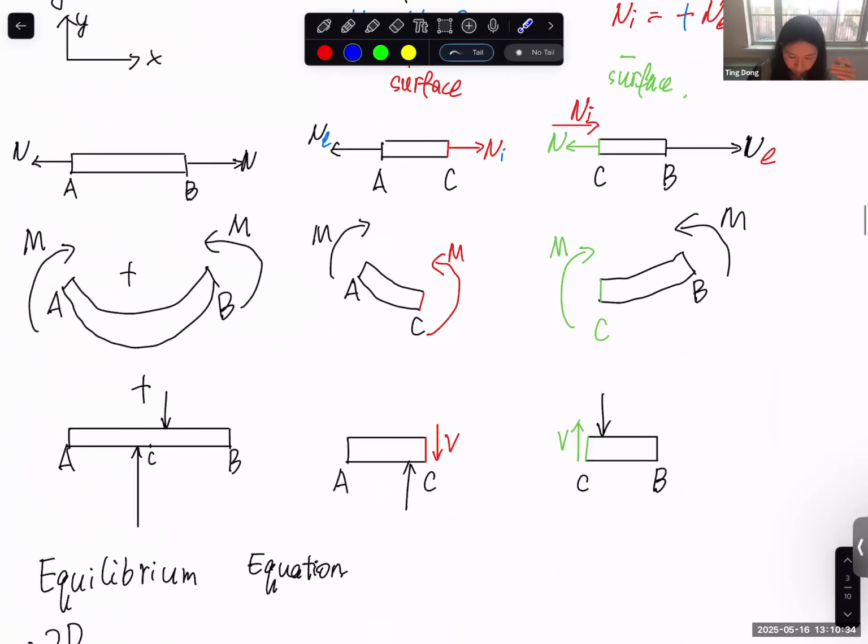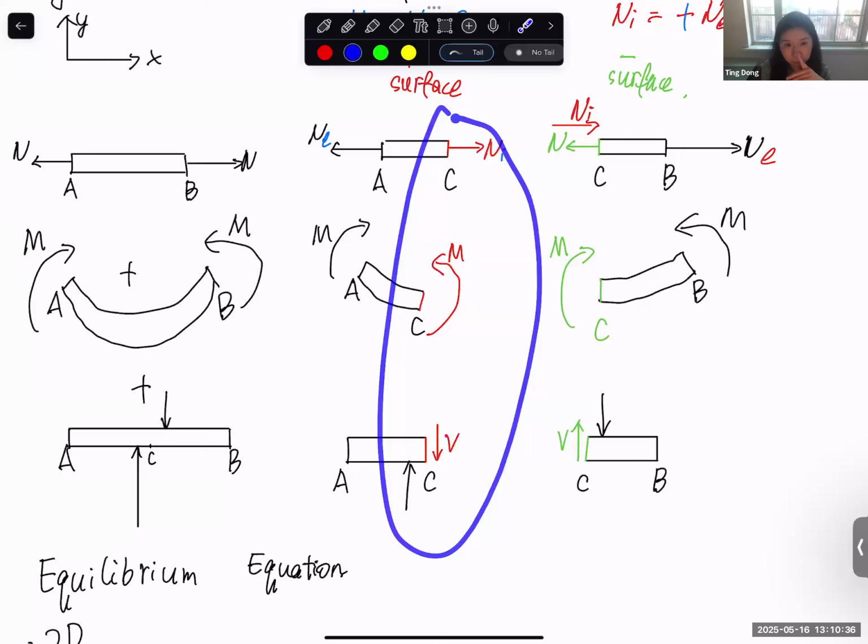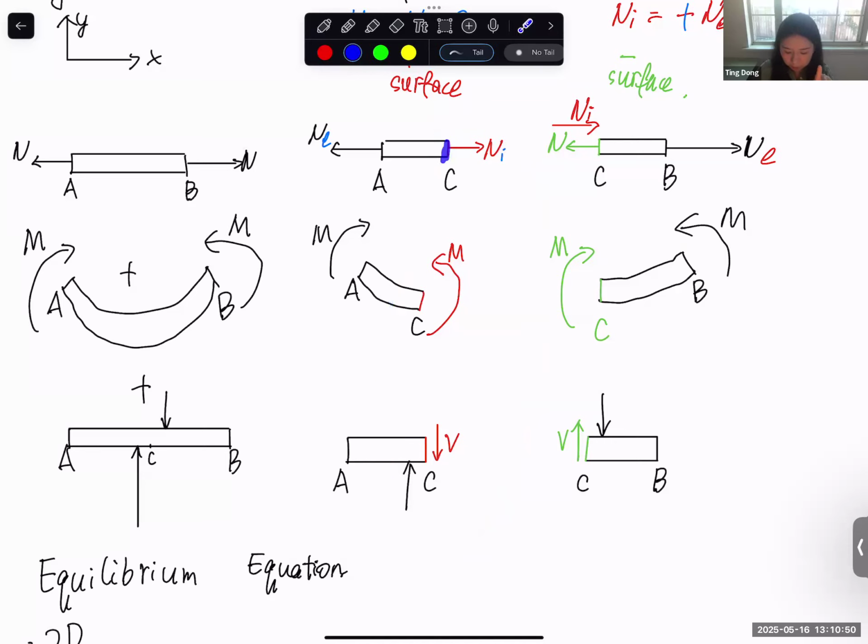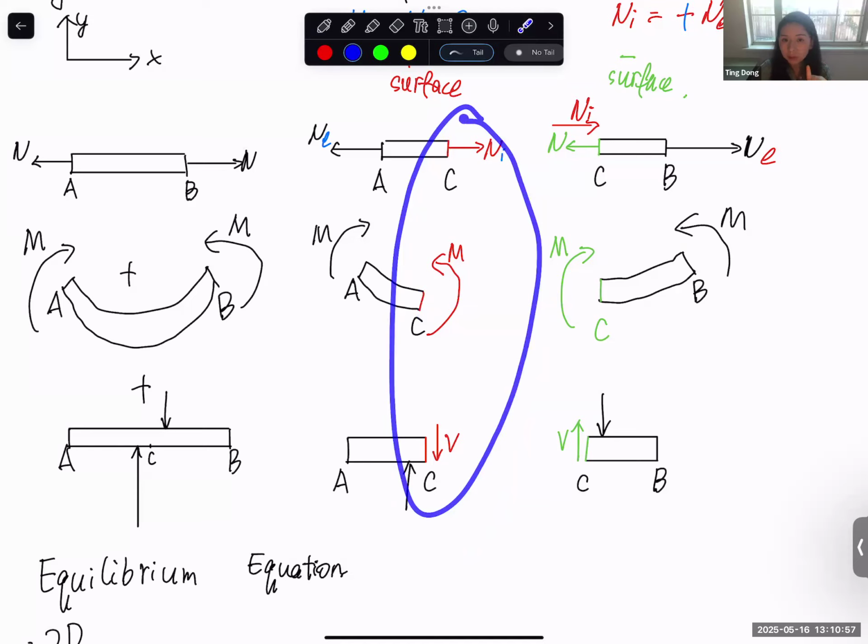No. Whenever we have a positive surface, we always put the internal force in this way. This is the internal force. Don't get confused, it's not reaction force. Whenever we have a positive surface, which means that surface is pointing to the positive x direction, we always use this sign convention and put the force in this direction.